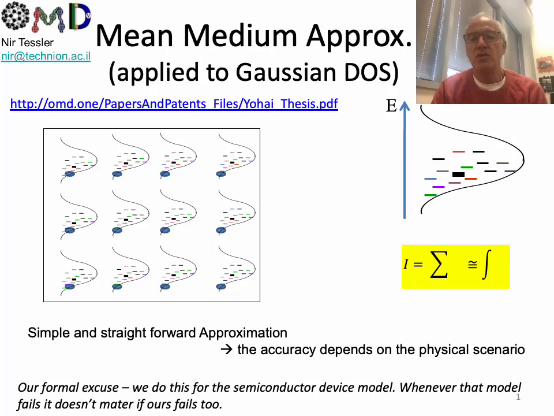Hi, so we will continue with our discussion of transport and just a recap of what we discussed in the previous presentation. We are looking at the mean-medium approximation, which is really the simplest model almost that would allow us to understand and calculate trends of transport as a function of materials parameters.